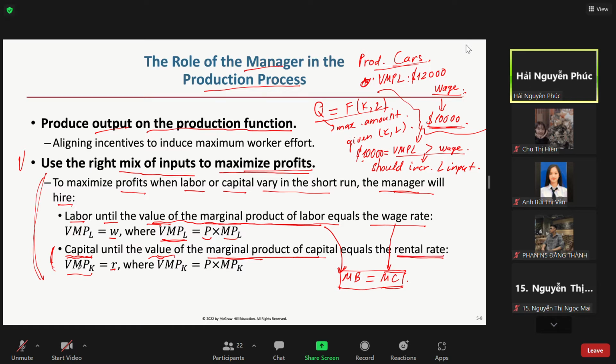We have VMPK equal to R. Once again, you might think that VMPK is similar to the marginal benefit of capital, and R is the marginal cost. VMPK is equal to the price of the product times the marginal product of capital. Pretty simple. If you understand the basic idea that the optimal decision is when marginal benefit equals marginal cost, this would be quite clear.